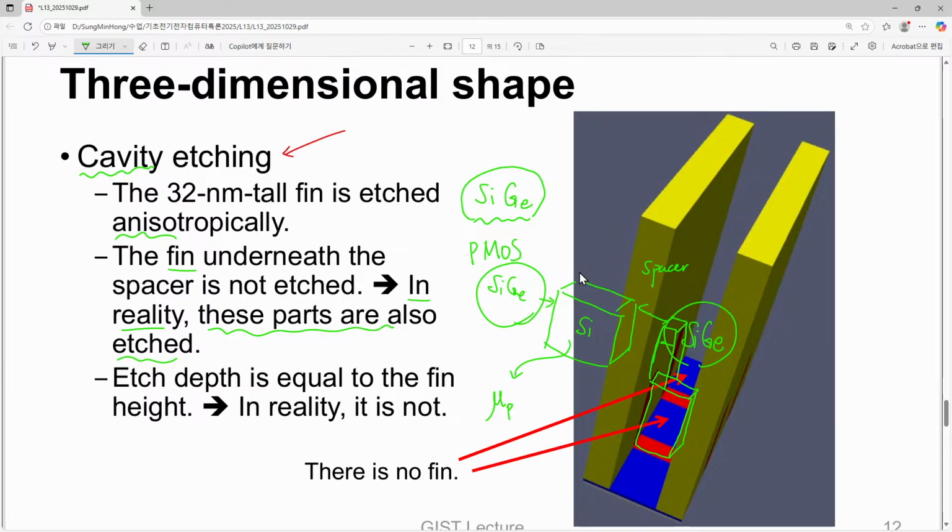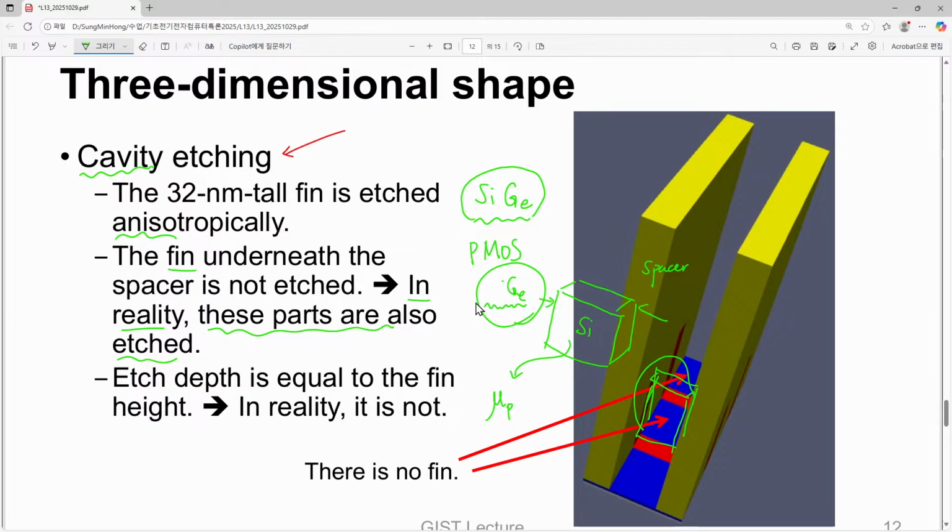So simply speaking, we have to maximize the volume of silicon germanium. If we just keep this silicon fin here, and introduce additional silicon germanium just surrounding this existing silicon fin, then that is not that effective to introduce a sufficient amount of compressive stress to the silicon channel.